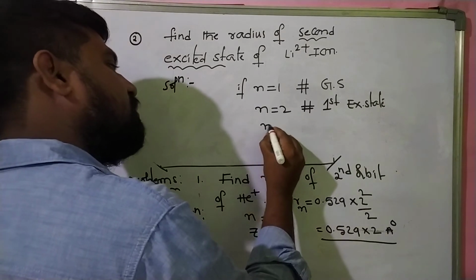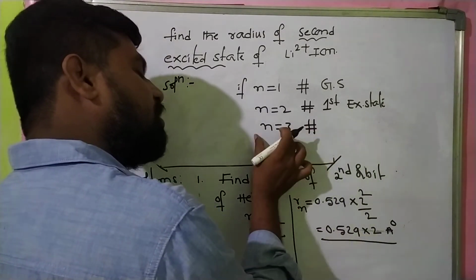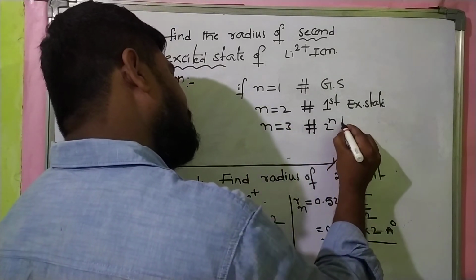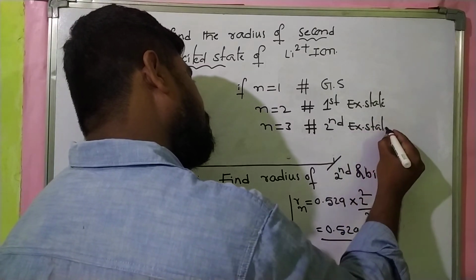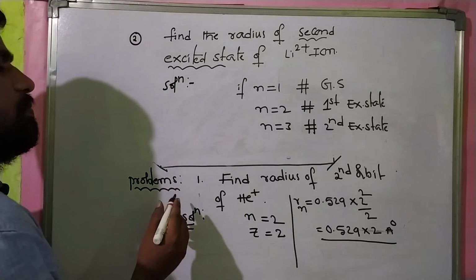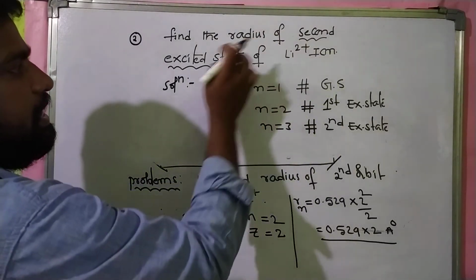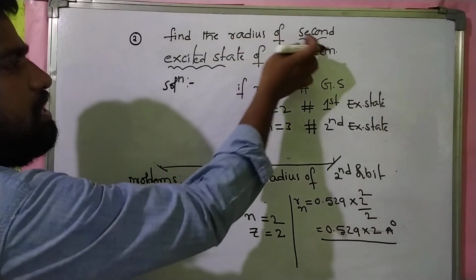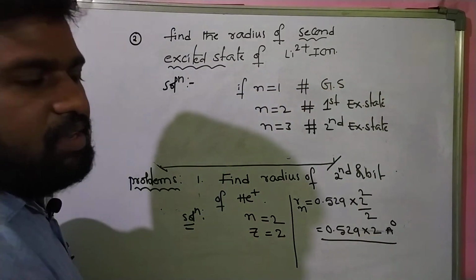And n equals 3 means third orbit, which is the second excited state. I think everybody understands. So n equals 3 is given. That means find the radius of third orbit of lithium 2 plus ion.